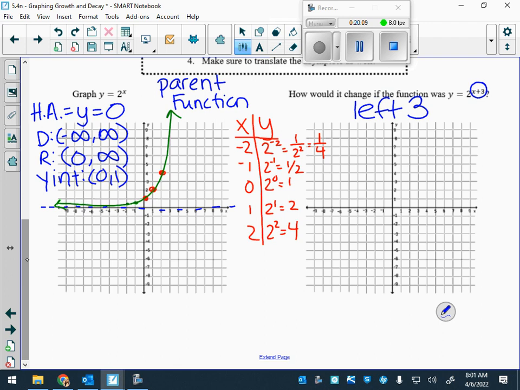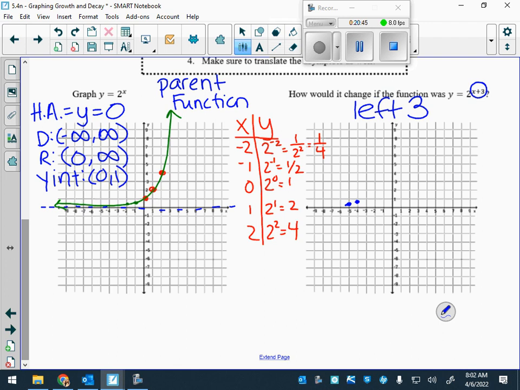So if I have -2 and I'm moving to the left 3, where would I be? -5 and 1/4. Okay. Instead of -1, I'm moving to the left 3. Where would I be? -4 and 1/2.